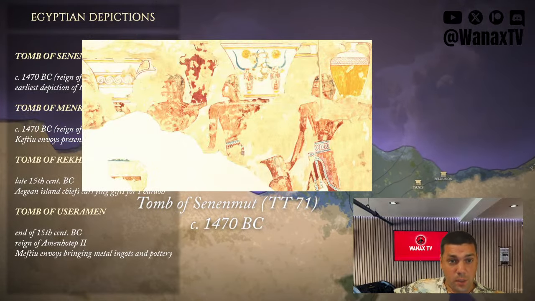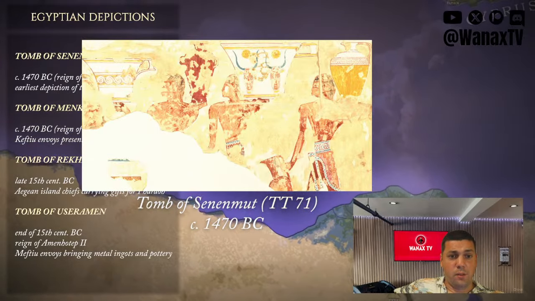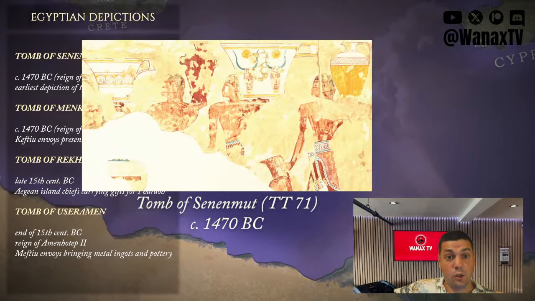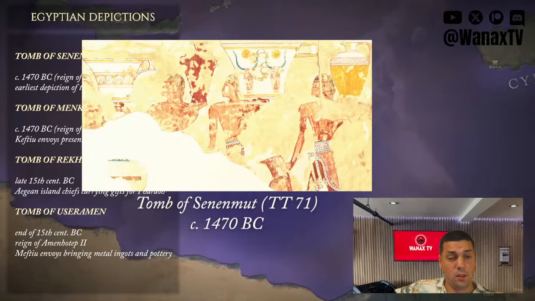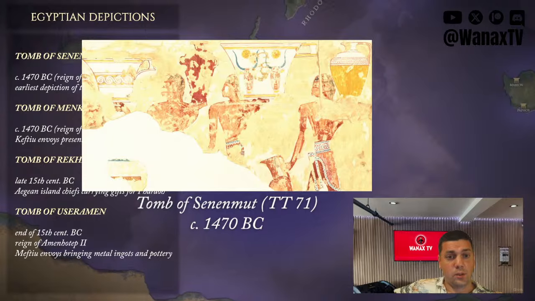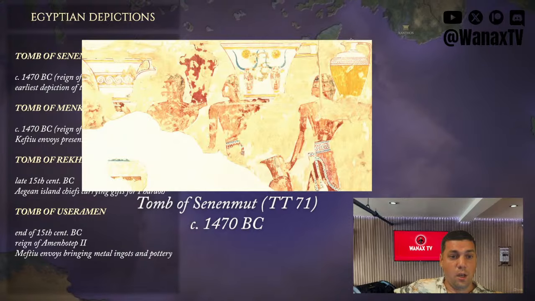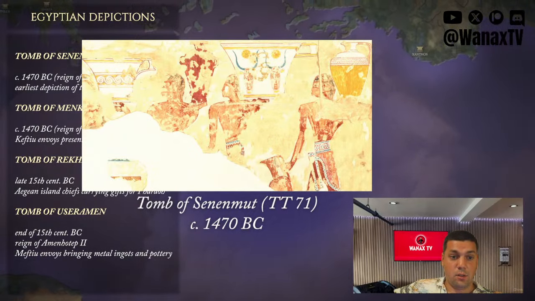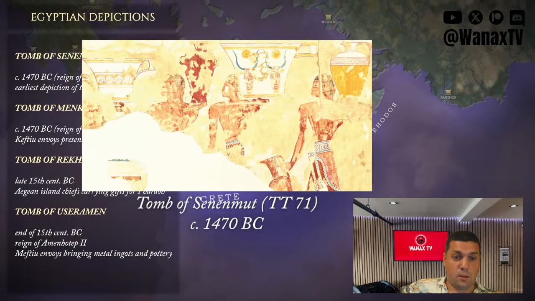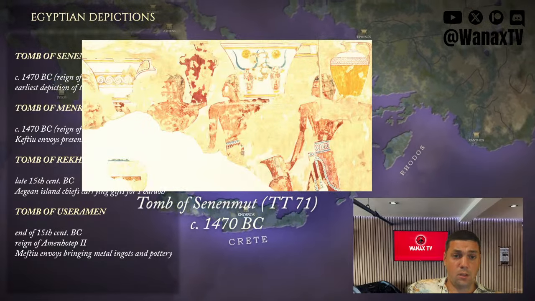You can see the person in the middle holding a big vessel, and 2 bull heads are depicted on it. So there's no mistake here. This is how the Minoans are represented on the Egyptian frescoes. And this is the earliest of them. Tomb of Senenmut. Just for reference, it's TT71. If you want to look it up yourself, you can.